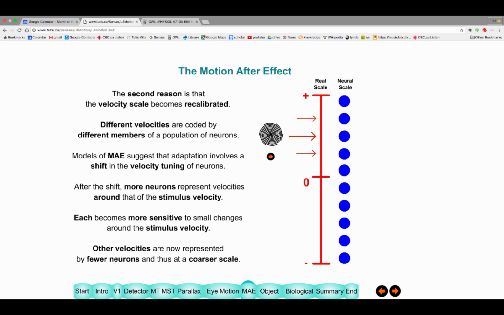So when a stimulus causes motion to be felt at this speed, the cells at this speed recalibrate themselves, and more of them sense motion at this speed. This is useful because, say you're driving on the highway at a particular speed. You want more cells grouped at the speed you're moving so that you can sense small changes in that speed more clearly. You're more accurate at determining whether things are moving faster or slower at that speed.